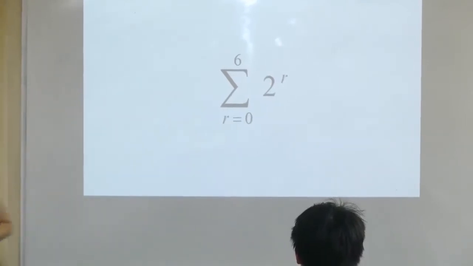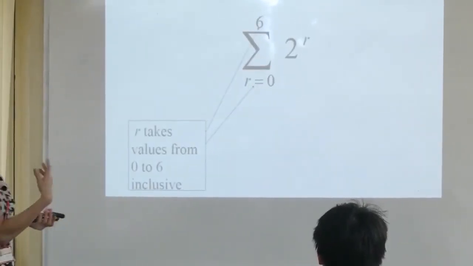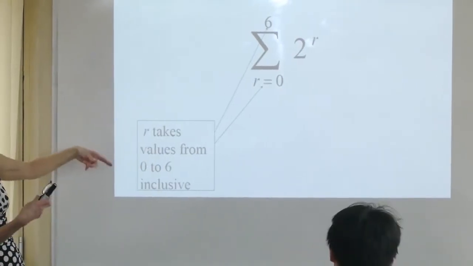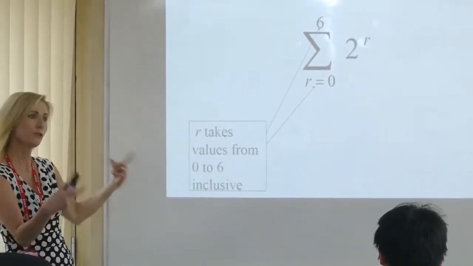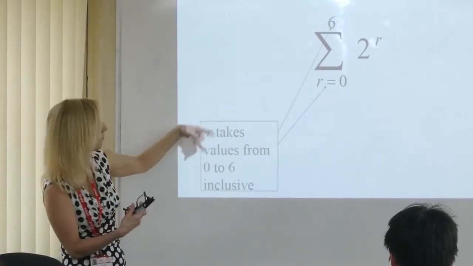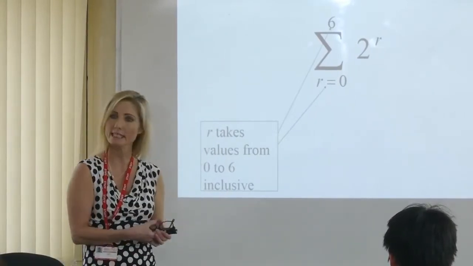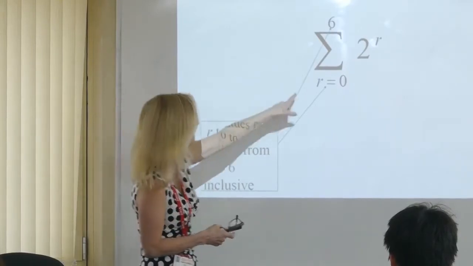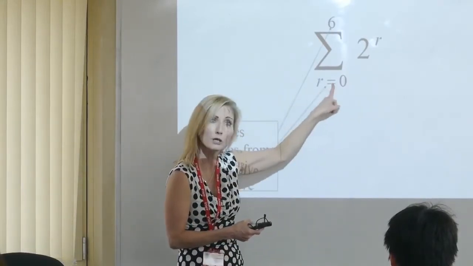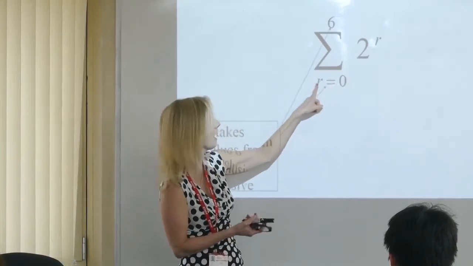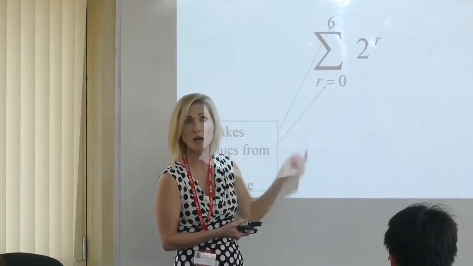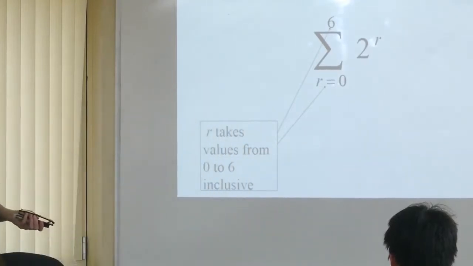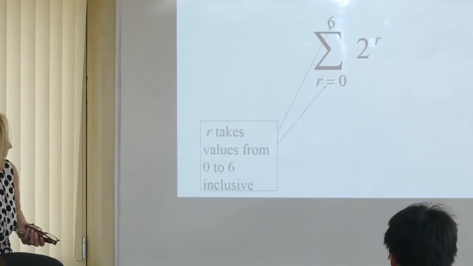And we have a formula, 2 to the power of R, and R will increase in turn using the integer values, going from 0 to 6. Now it doesn't necessarily have to start at 0, it could in fact start at 1, but that information would be provided with the lower value here. So it would perhaps say R equals 1 to 6 at the top.